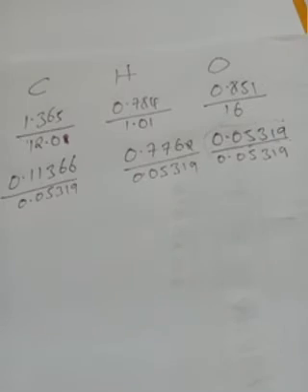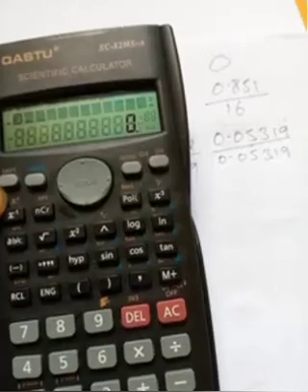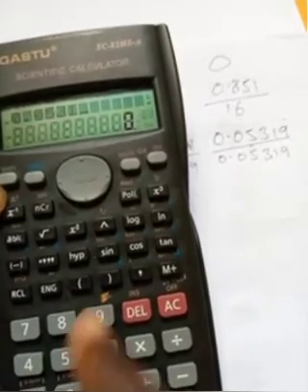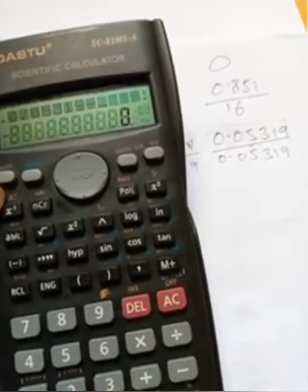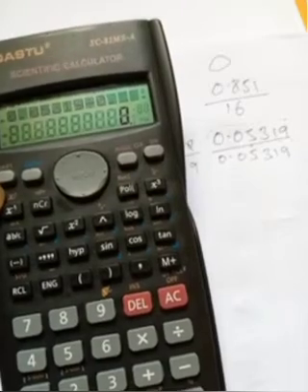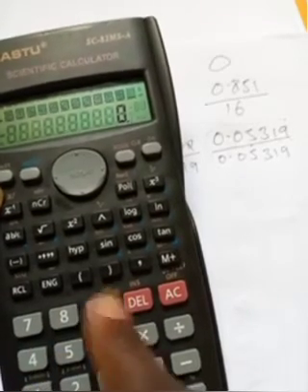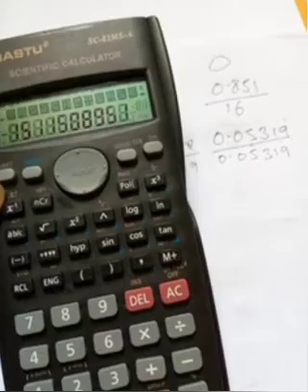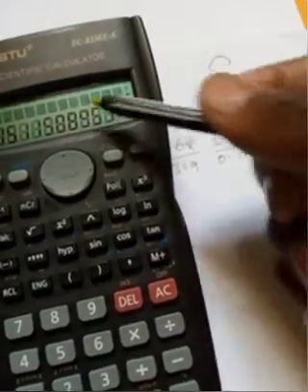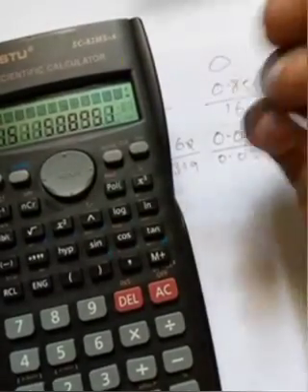Say, okay, so if we say 0.05319 divided by 0.03519, what answer are we getting? You find that it gives a different answer due to the changes that we have.